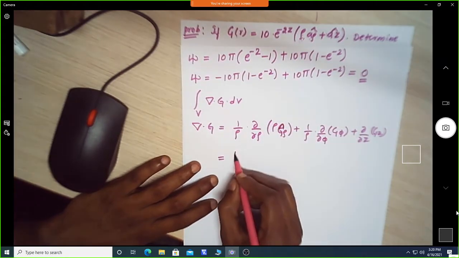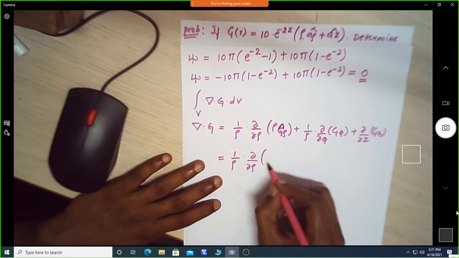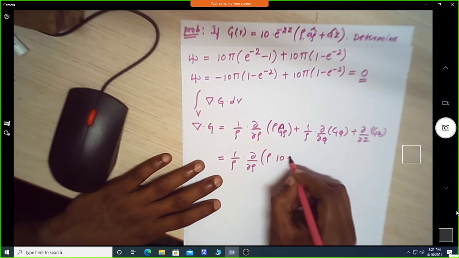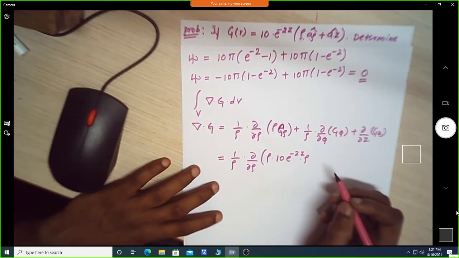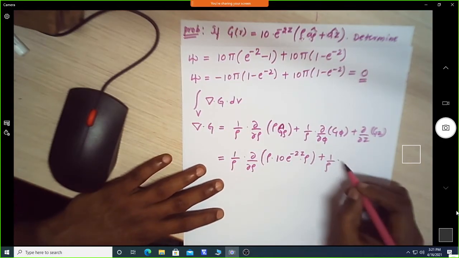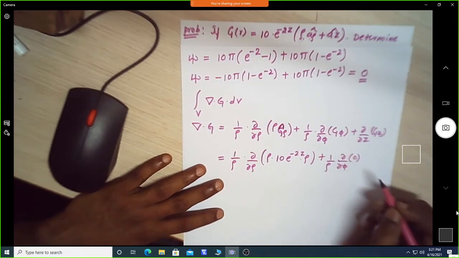So you substitute 1 by rho into del by del rho of rho into G rho component, which is 10 e power minus 2z into rho. And similarly here 1 by rho into the phi component is 0, that is del by del phi of 0.